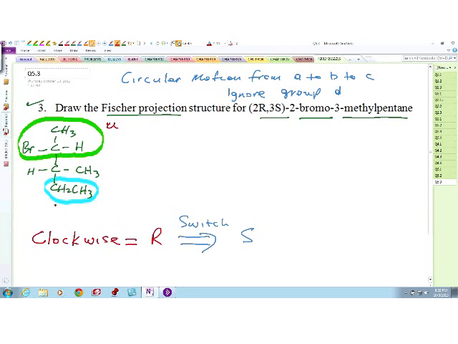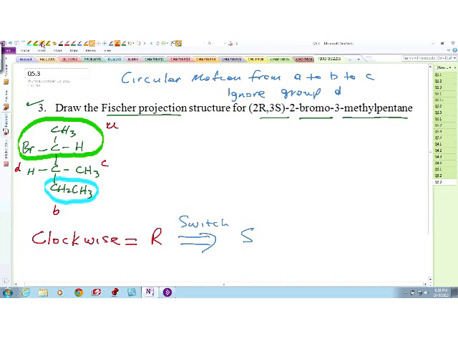B is ethyl. And C, C is methyl, and of course D is hydrogen.